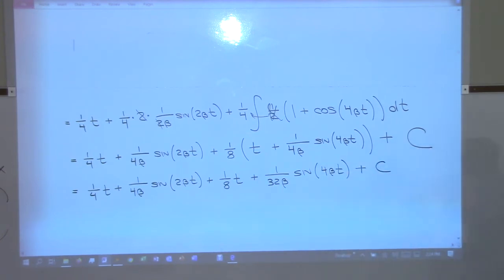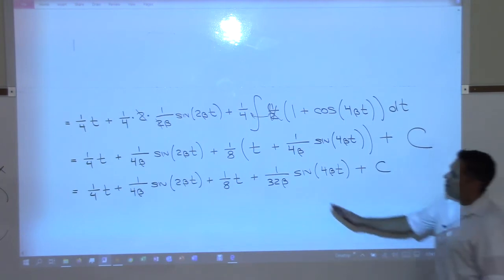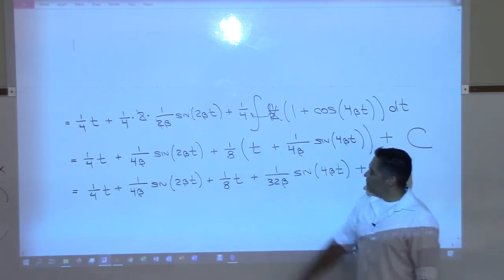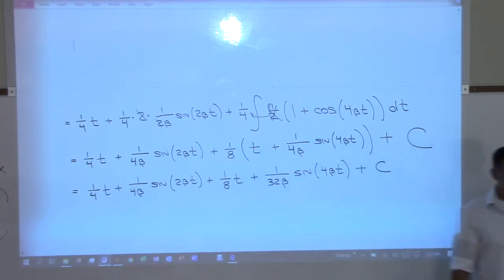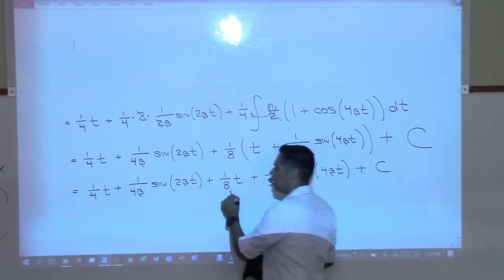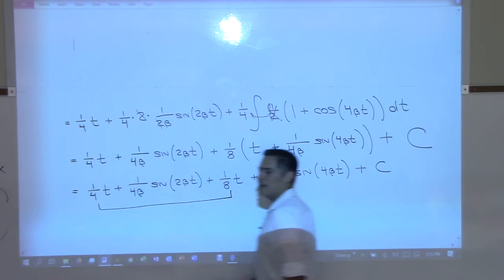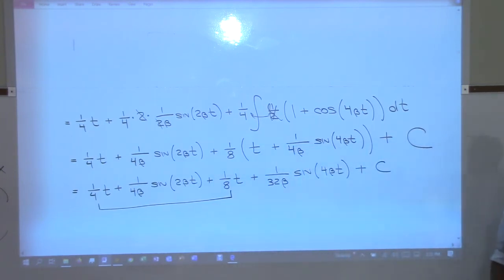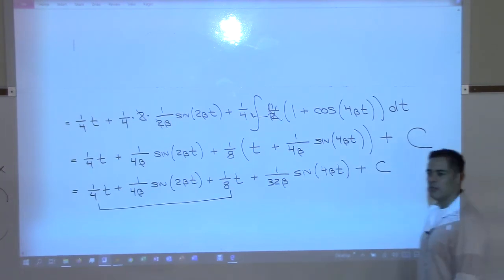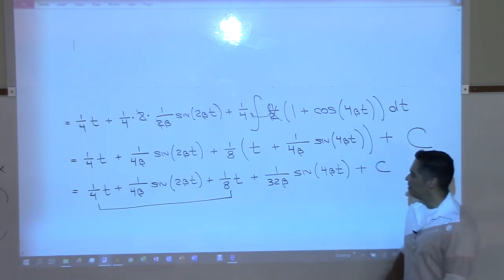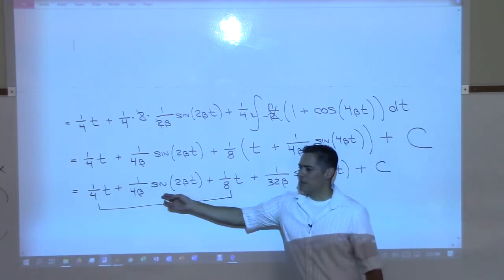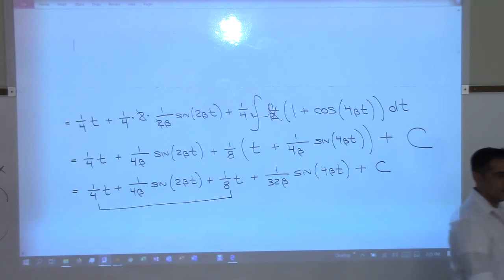Okay, so all I did there is distribute the 1/8 through here. Anything else we could do? Combine like terms. There's two terms in here that can go together. These two right there. 1/4 t and 1/8 t is going to give you 3/8 t. That's the only other thing you could do, is put those two together. You can't combine these two together, right? Because they have different arguments inside the sine.